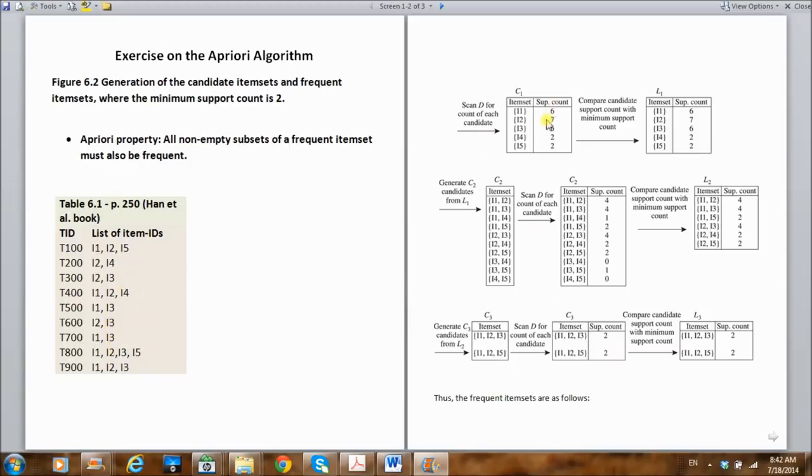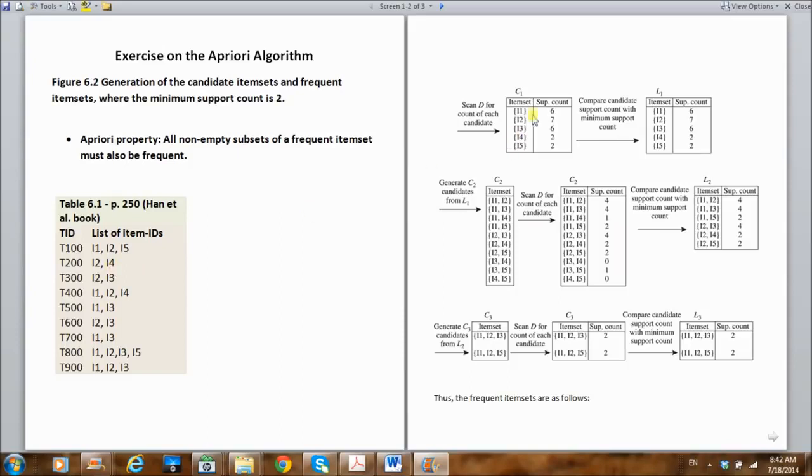So the candidate item sets with only one item are I1, I2, I3, I4, and I5. Then we need to count how many times each item has occurred in our transactions.